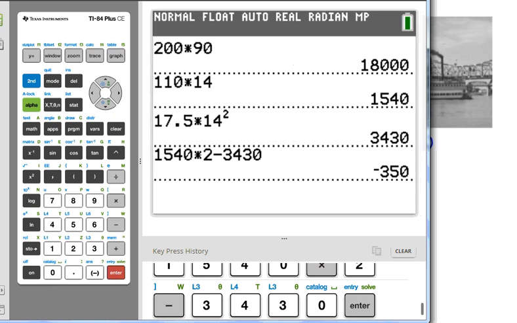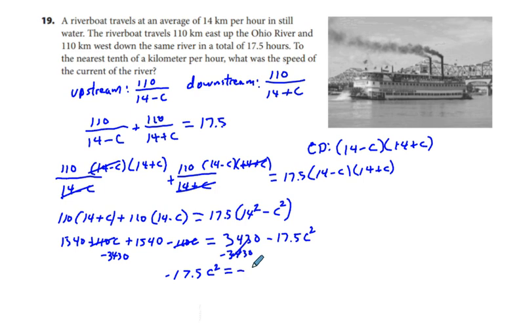So we have minus 350. And we divide by negative 17.5.